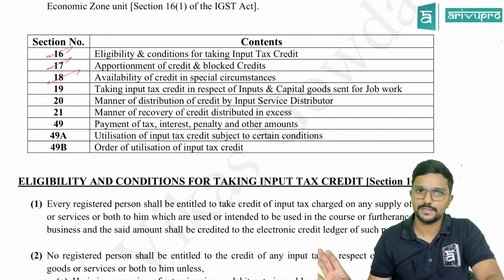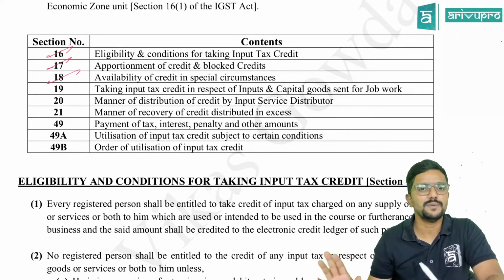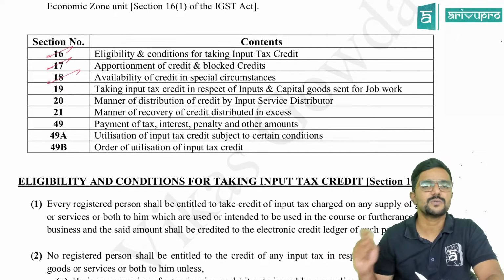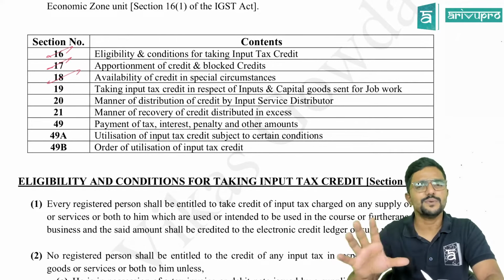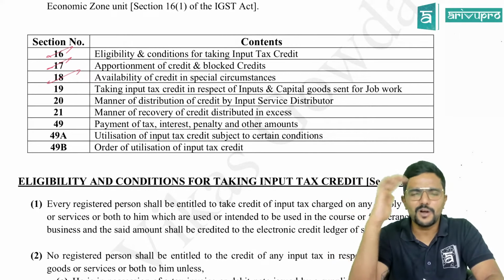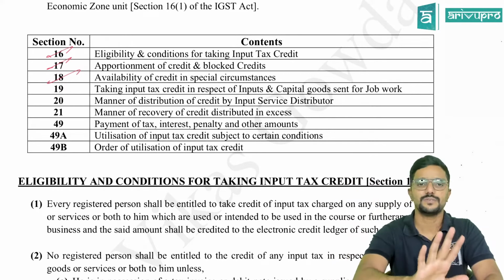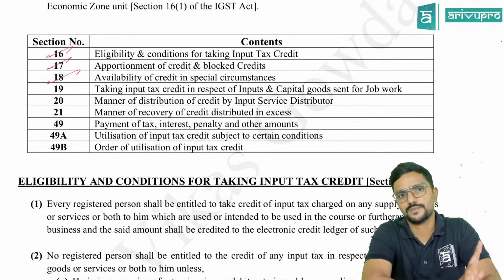Please don't, guys. You can manage the time in the exam, provided you practice well in your preparations. So please write everything in full to the extent possible. Even input tax credit and financial year, try to write in full form. If not possible, then you can use short forms for ITC and financial year, but not for others.